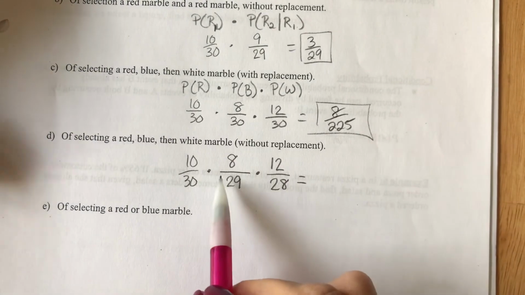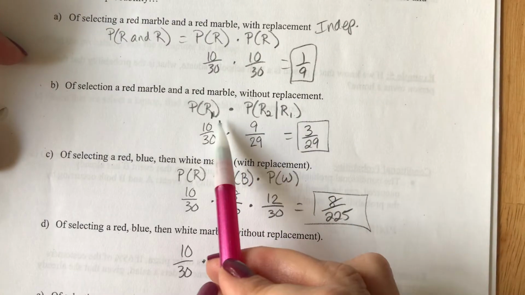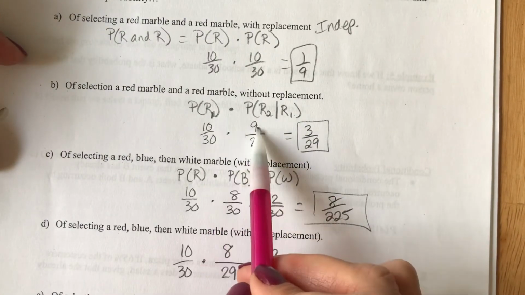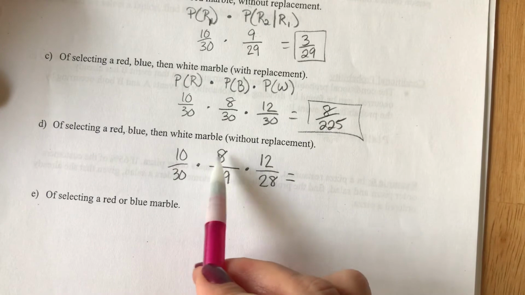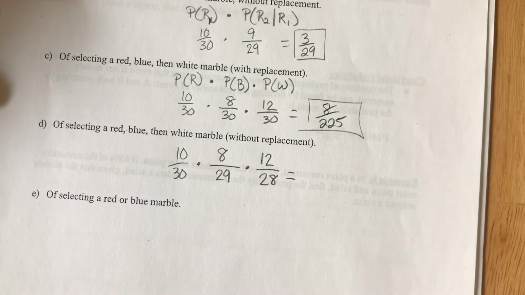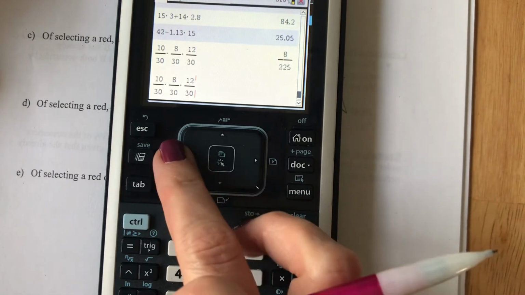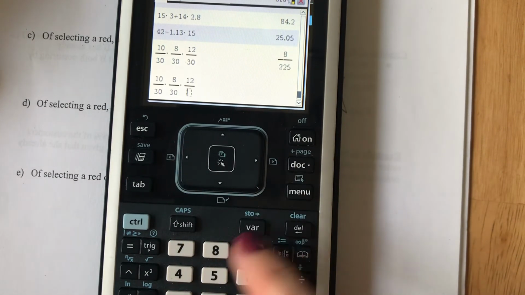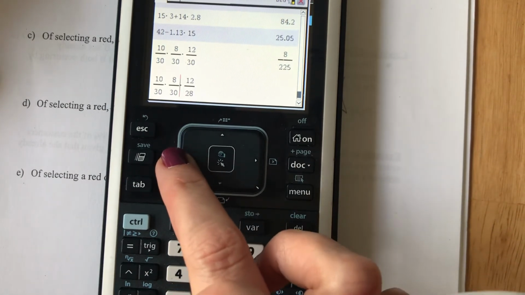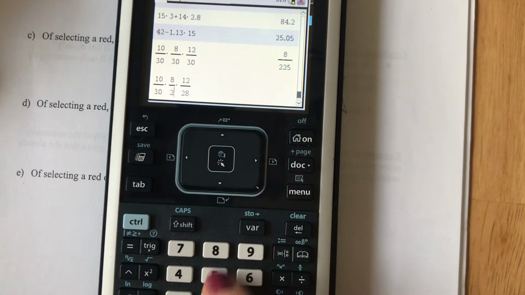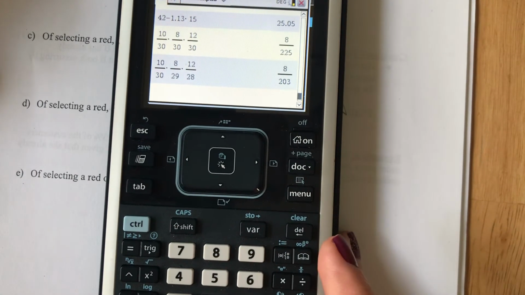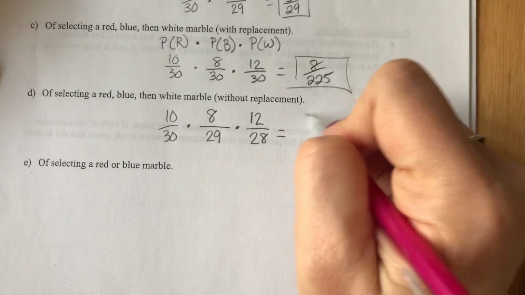So this time up here, it was red, then red, so the numerator changed as well, but this time it's red, then blue, then white. So the numerator isn't changing, it's just the denominator. If I change this to 28 and change this to 29, you get 8 out of 203.